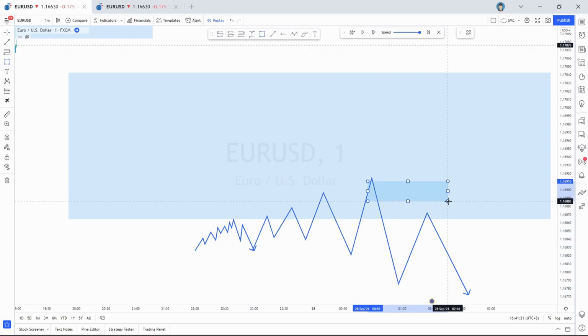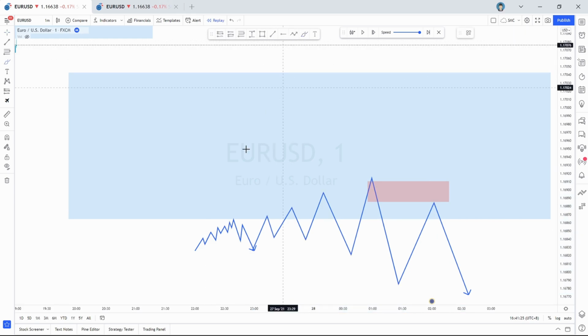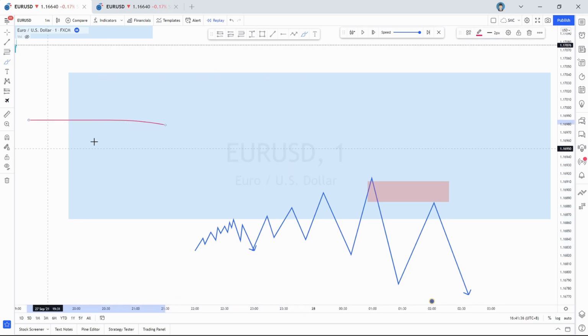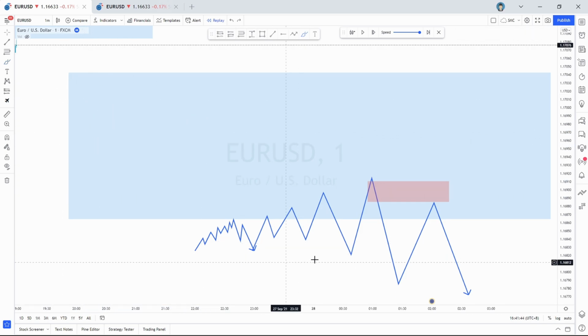Then we can look for an OB here to enter from. So either way, this could work. That's why you do backtesting, because usually it doesn't work since this is a large zone. Price could go deeper to other refined OBs here, imbalances here on the previous price over there, for example.